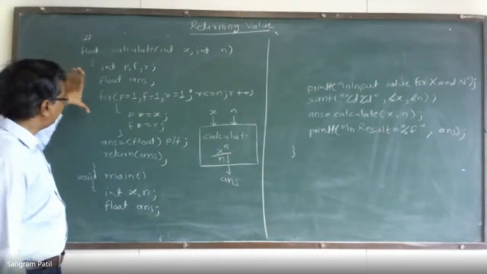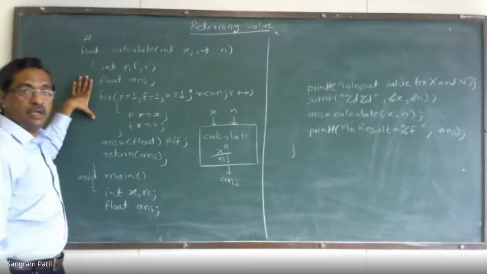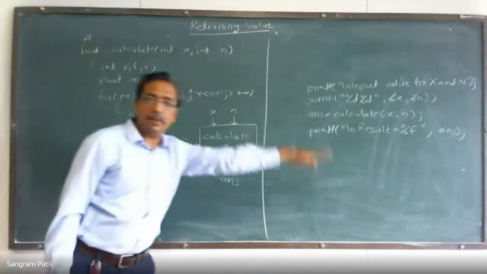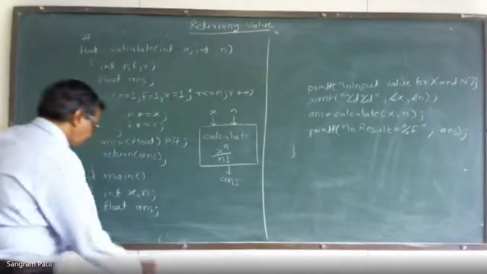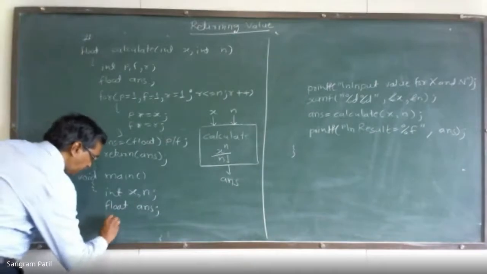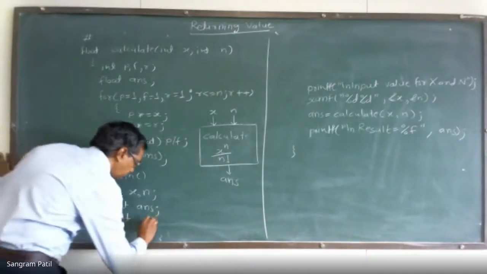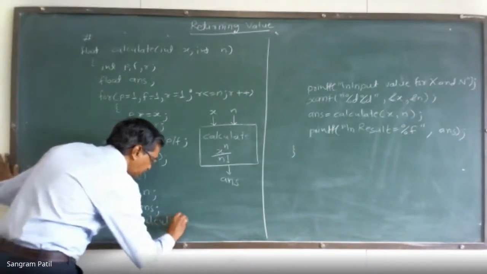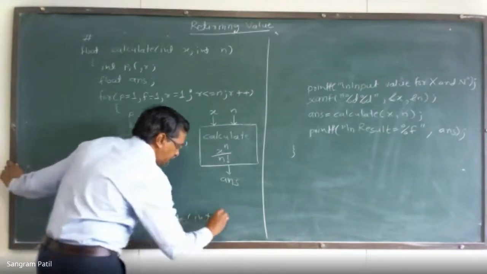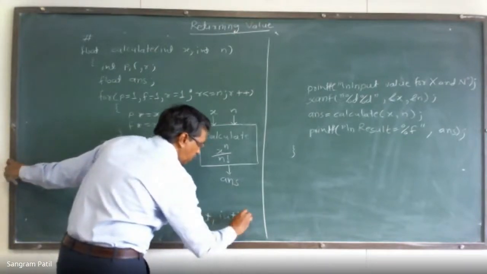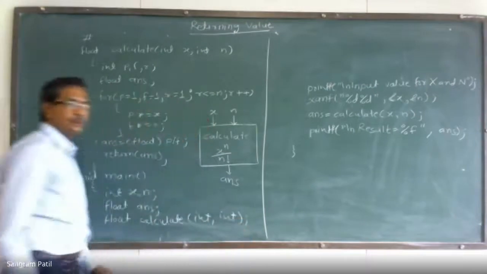Now, if you are writing this function after the main program, then you have to declare this as a float. Calculate integer, comma integer, like this.